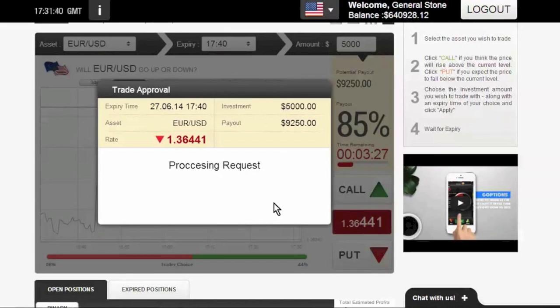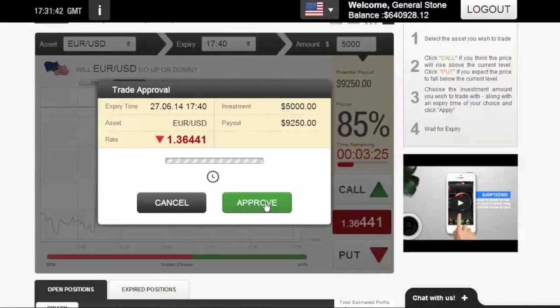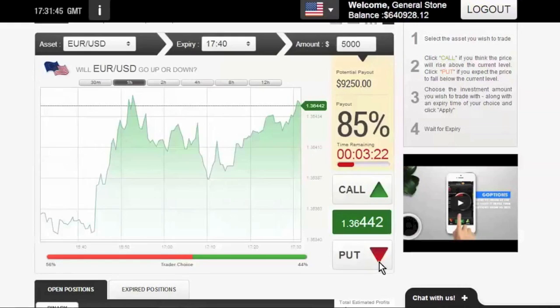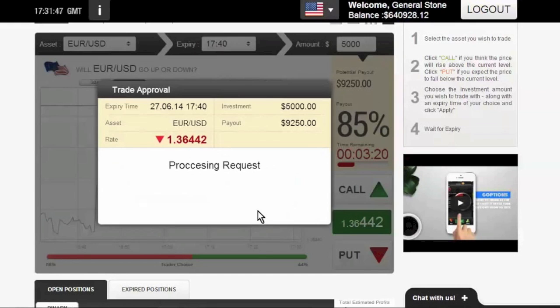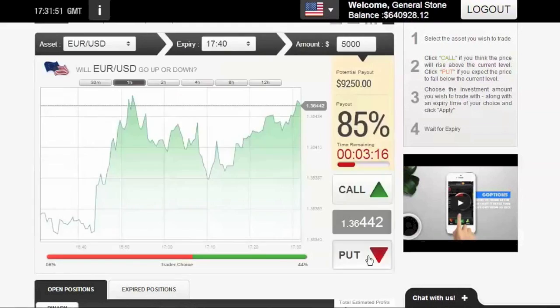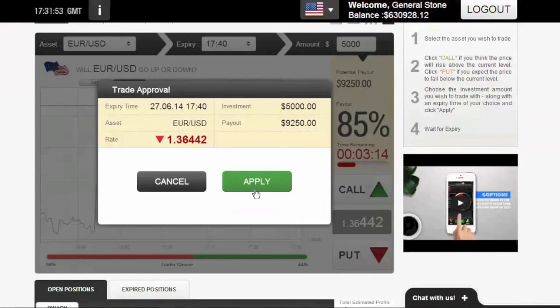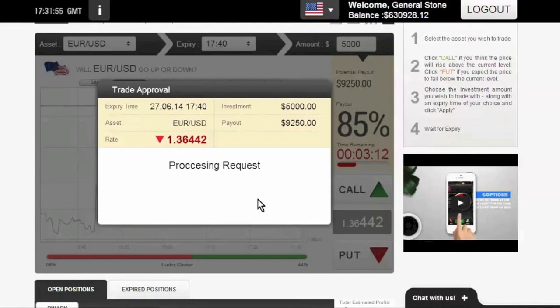Just waiting for this trade to approve. Obviously, when the price is moving in quick fashion, you've got to be very quick to get this on. But I'm hoping to come through and make a huge profit at the point of expiry here. I've got quite a lot of open risk at lower prices, so I must balance that out.